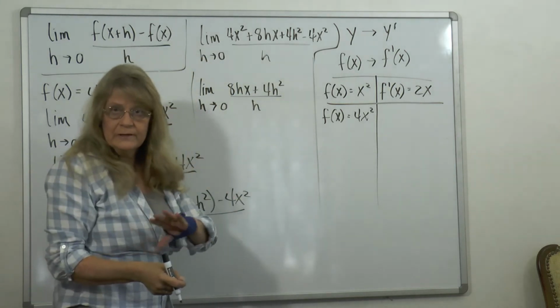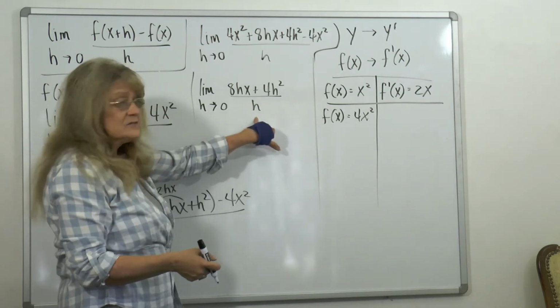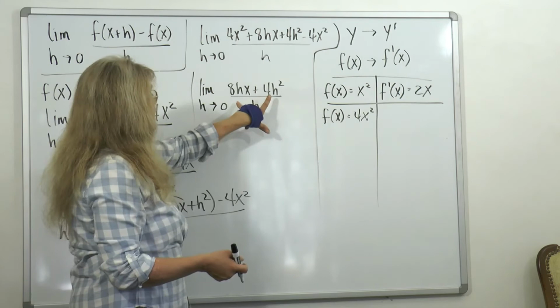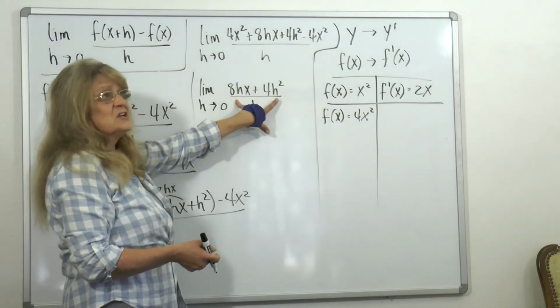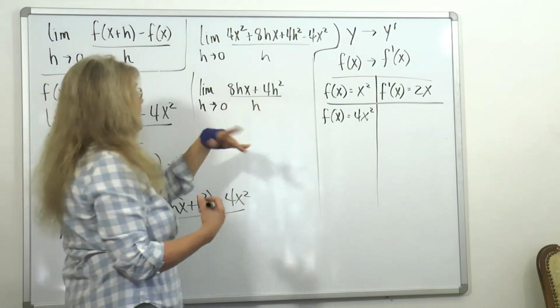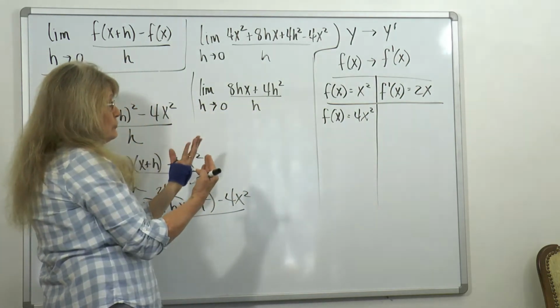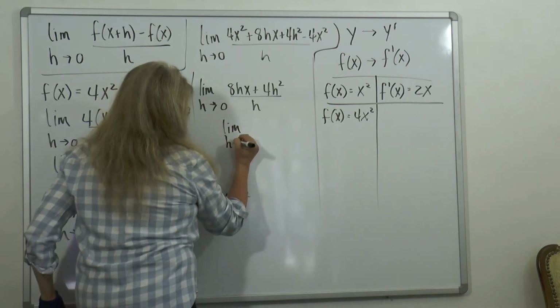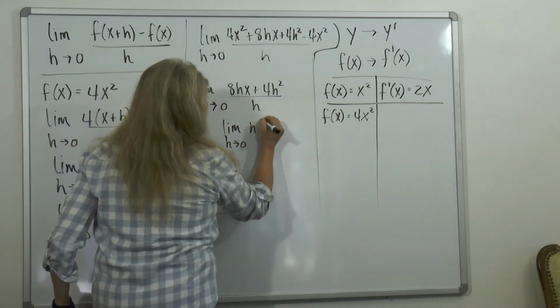Just like with the other limit problems, I want to get this to cancel. So I can take out a greatest common factor of h. Now I could take out a 4h, but it's not going to be of any benefit. I just want that h out of there so I can cancel it. It certainly isn't wrong if you factor out 4h. Why do extra work if you don't have to?